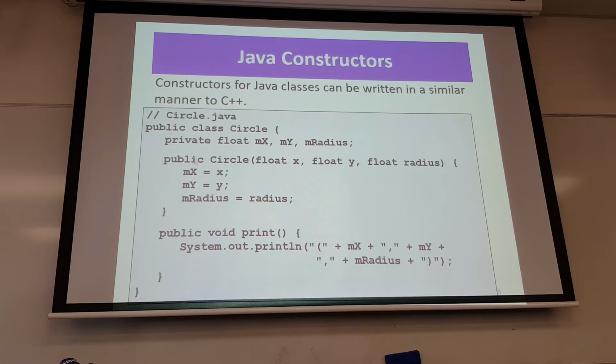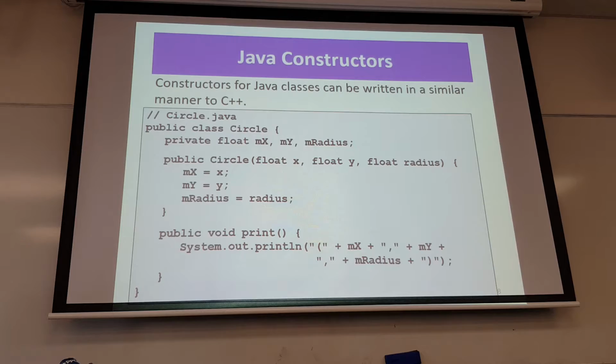If you don't put public here, which is not recommended, this constructor is available at the package level. If you don't put public in the class in C++, the constructor becomes private.